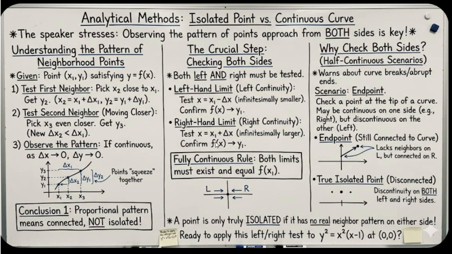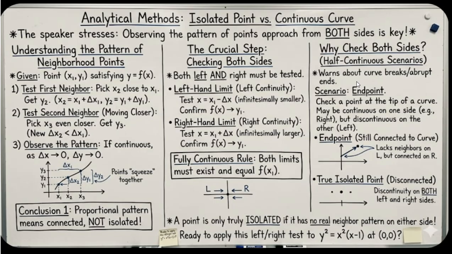As delta x decreases, f of x should approach y1. It means that the limit of f of x as x tends to x1, as delta x becomes 0, should be equal to y1. Not only that, it should hold on both the left side and the right side.